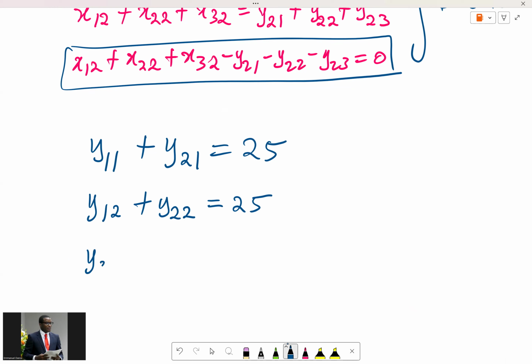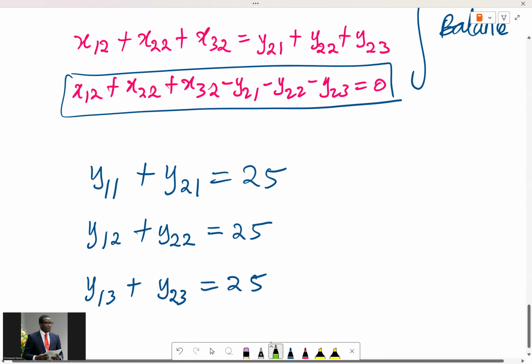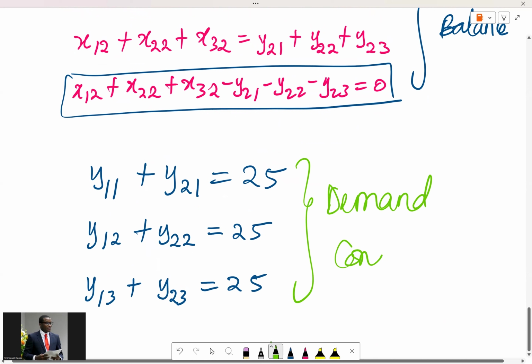Then the same for y13 plus y23, whatever flows from 1 to 3 and 2 to 3, should also be 25. So this will be your demand constraints.